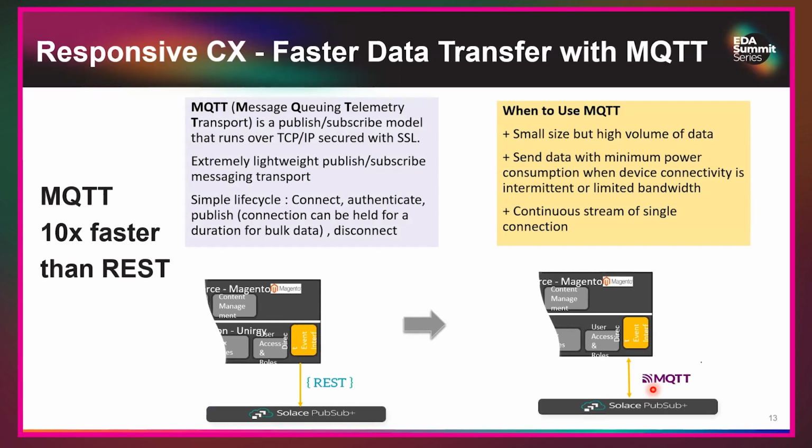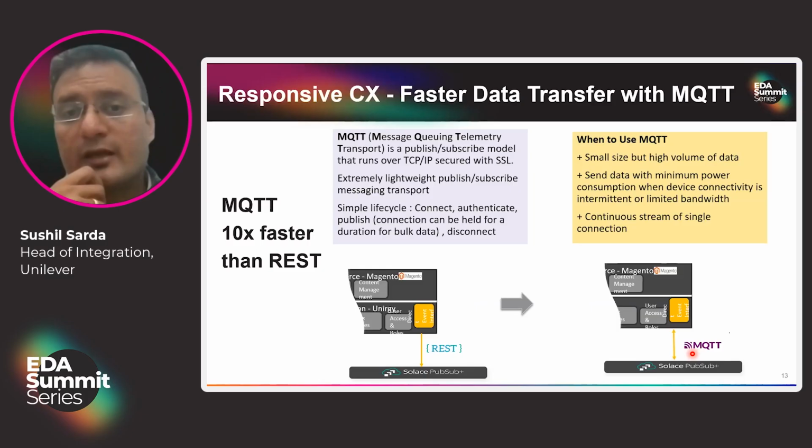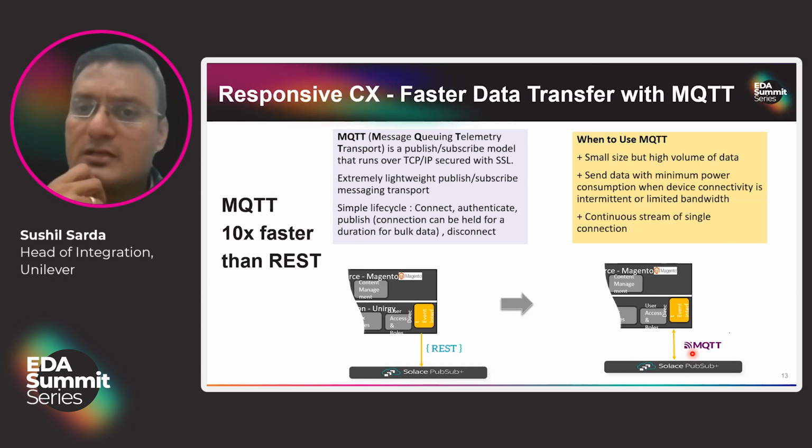Magento to Solace. And when you talk about a responsive customer experience, where a customer clicks on something and waits for the next screen or action outcome, you do not want the customer to wait for a longer duration. You want to show the result immediately, as fast as possible. That is where MQTT can make a big difference. Of course, a lot of applications may not support MQTT.